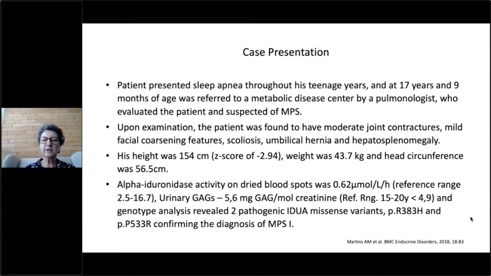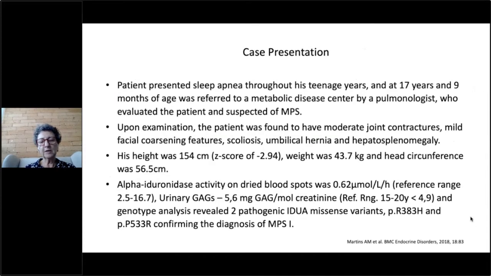Alpha-L-iduronidase activity on dried blood spots was 0.62 micromole per liter per hour, reference range 2.5 to 16.7. Urinary GAGs were 5.6 milligram GAG per millimole creatinine; the reference range for 15 to 20 years is less than 4.9, and the patient has 5.6. Sometimes at this age, the GAGs can be normal.